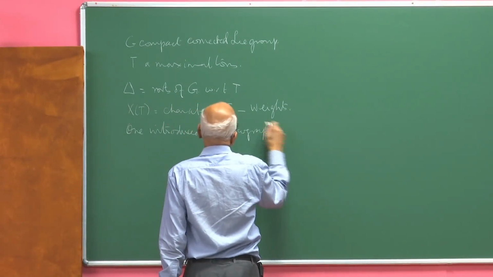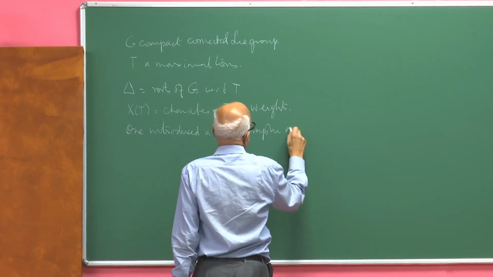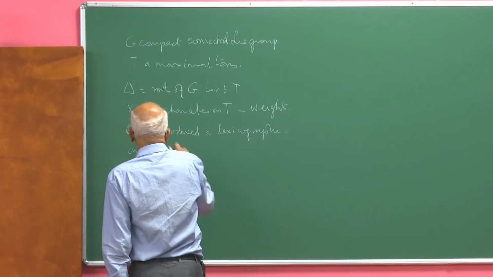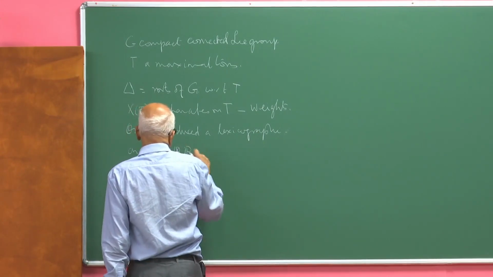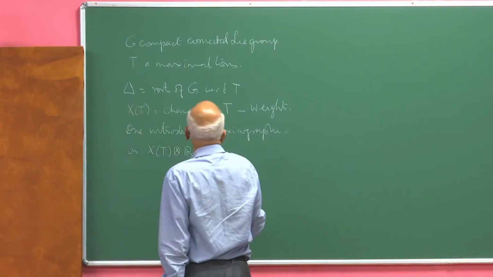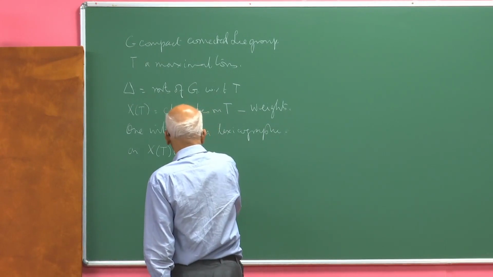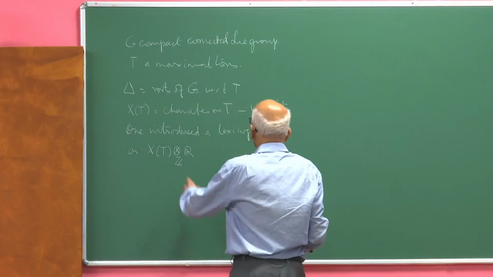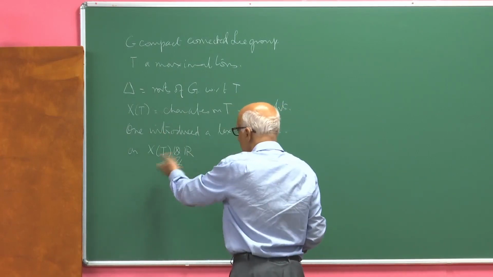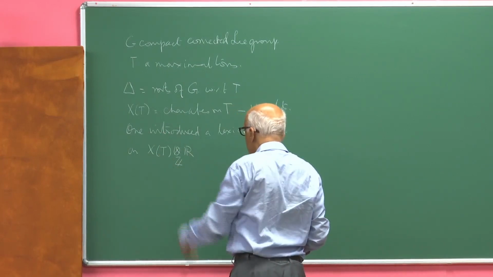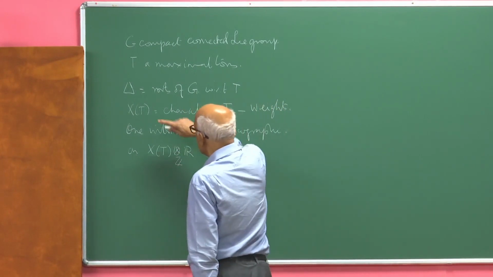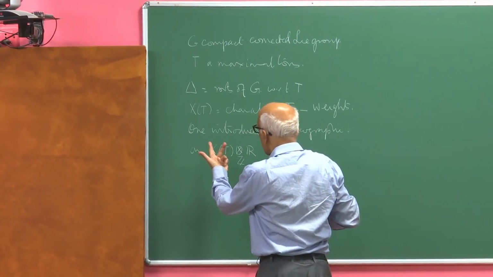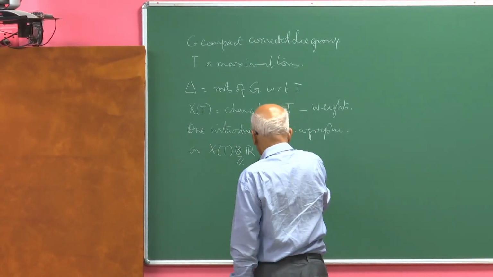It's a total order on X(T) tensor R. X(T) is the character group. It's an abelian group, and we write it additively, though when you regard them as functions on T, adding two characters amounts to multiplying the two functions.